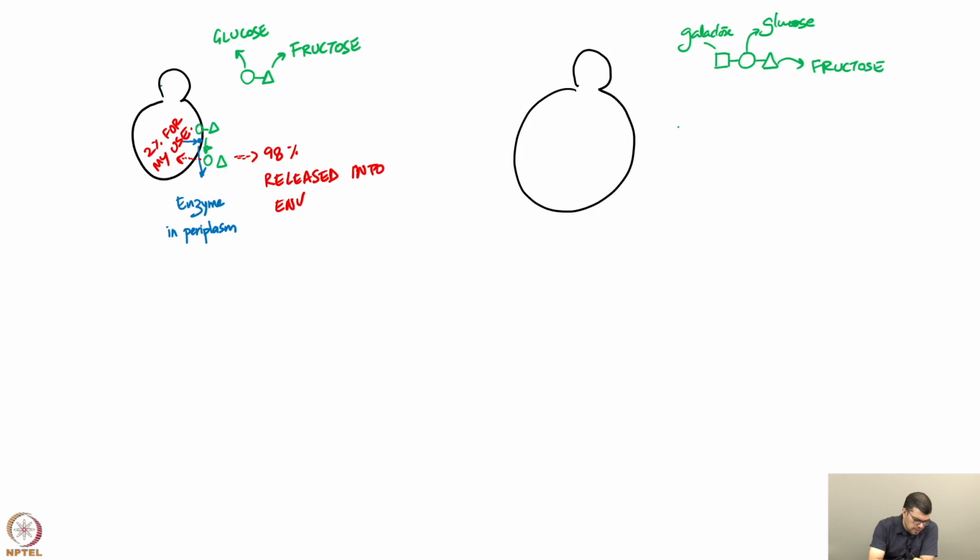One of the ways could be that the first enzyme that we talked about is released in the environment. This enzyme hydrolyzes this particular bond. Remember, this enzyme breaks down the bond between galactose and glucose. So, what we get is galactose plus glucose and fructose which are tied together, which is sucrose. This trisaccharide of 3 sugars is called raffinose.